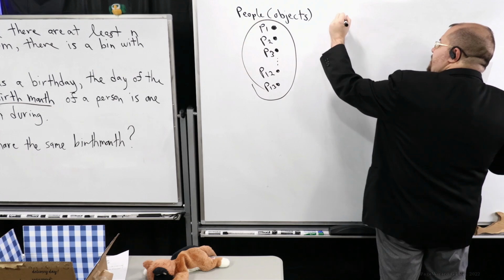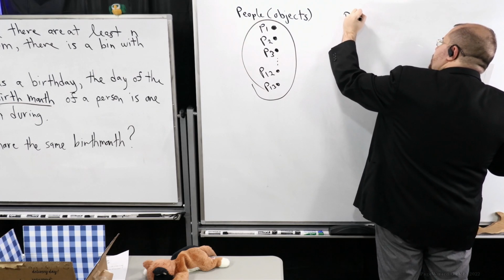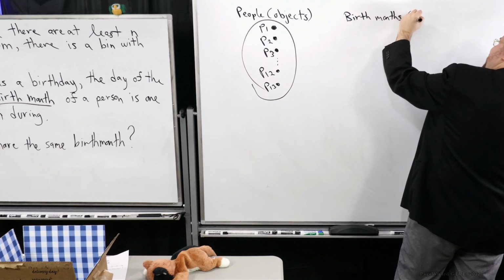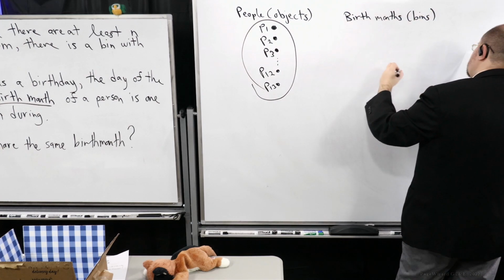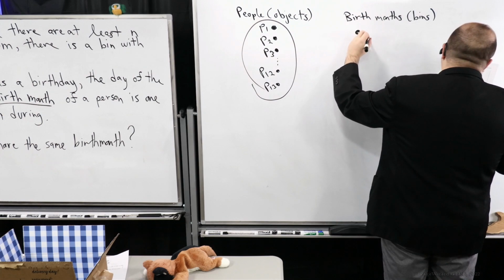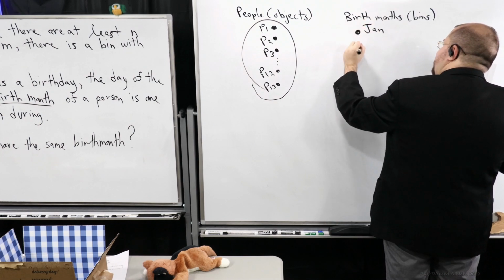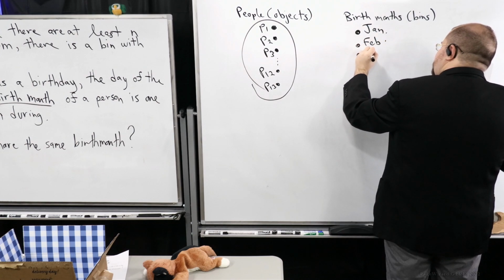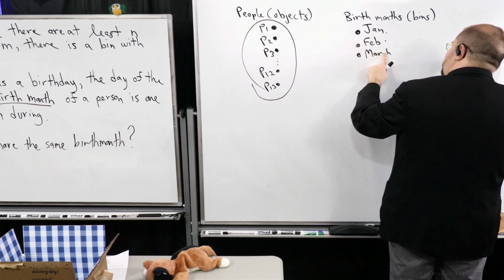And also I have birth months, right? And these are my bins. So we got January, February, March.